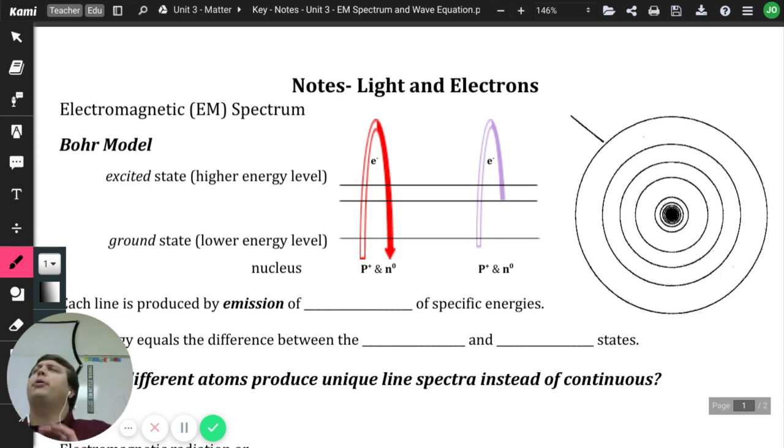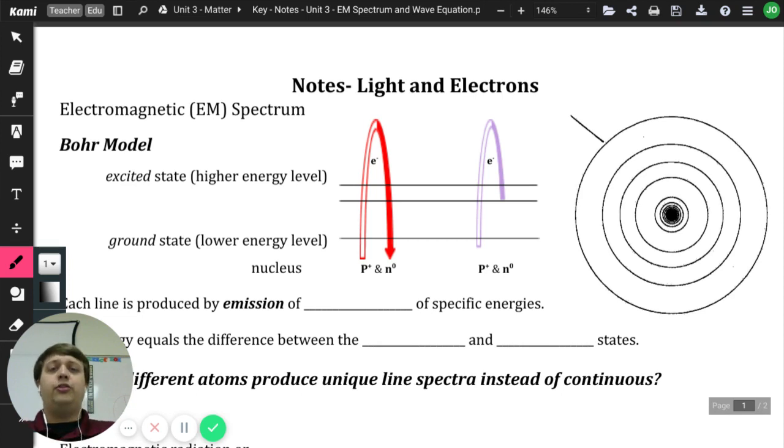But why does the light turn on? What is the actual light? Where's it coming from? A lot of times students will say it's coming from the heat inside the bulb, because heat makes light. Well, not necessarily, because something like an LED doesn't get hot. So what's actually going on? How does that light get produced?